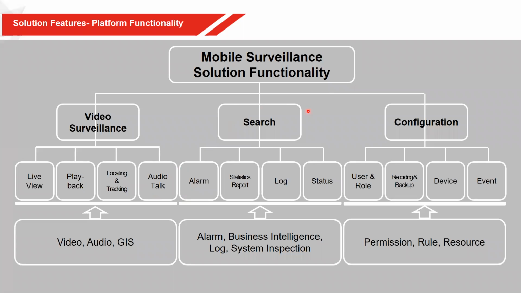Then on our searching functionality, we can search for alarms, so alarms of driver behavior analysis, alarms of harsh braking, or motion, other types of alarms, a statistics report, and a log search as well.